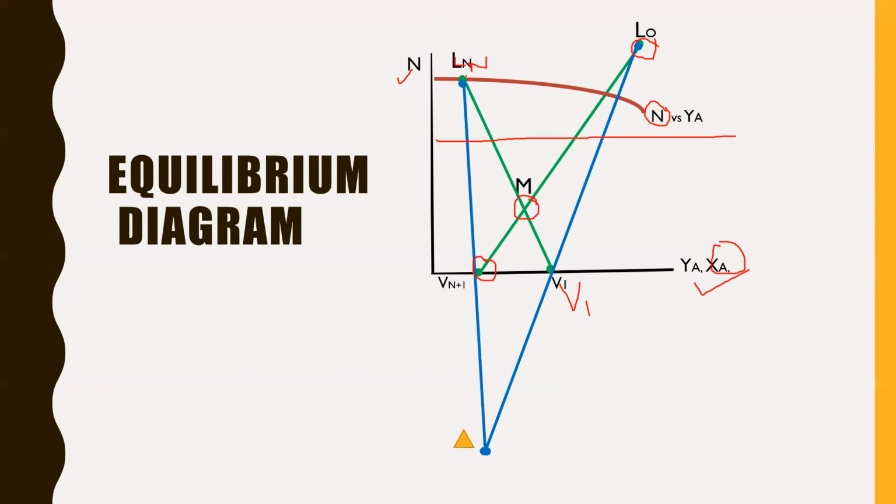And here from Ln connecting to V1, which intersects down here, will give you the triangle as an operating point. The point triangle is located graphically as the intersection of lines L node V1 and Ln Vn plus 1.